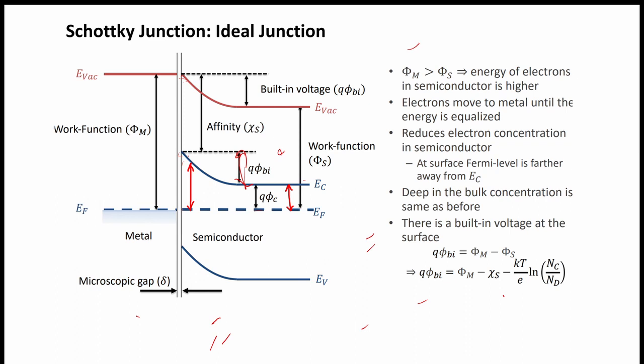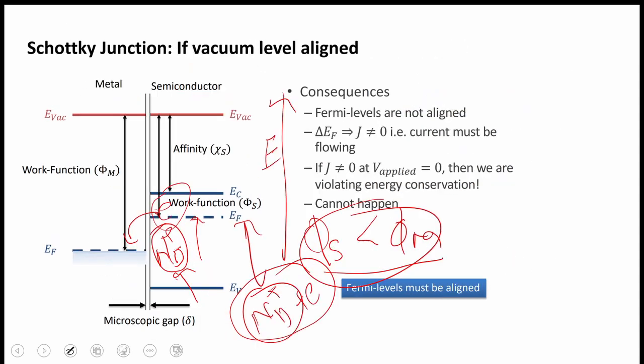Whatever the bending here is followed by the vacuum level also. How much it bends we can see from the work function of the metal and the work function of the semiconductor.